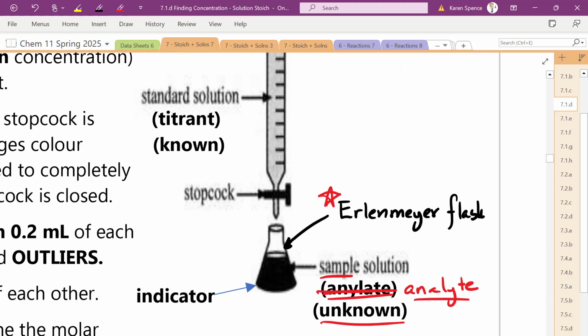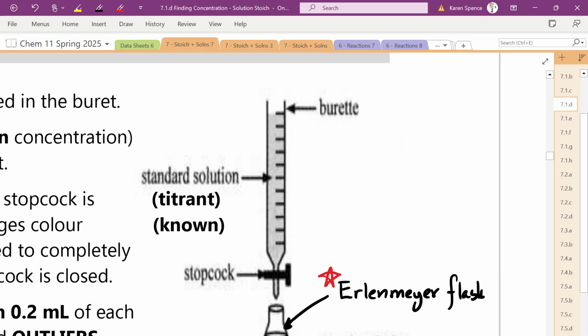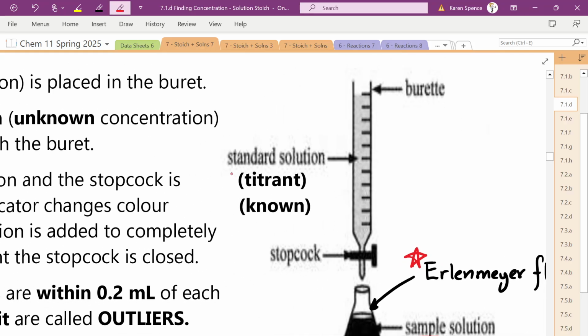Above that, what's this long tube called? Starts with a B. Burette. That is our burette. Okay, and the burette contains the standard solution. That is what we call our titrant or our known. We call it the titrant because we titrate with it.